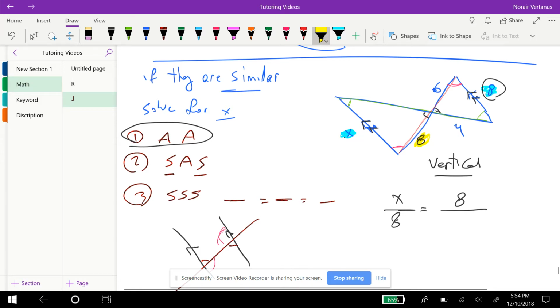And we have this. I want to know which one, either 4 or 6. Which one of these is corresponding to 8? That's the tricky part, to figure out which one of those is corresponding to this 8. This is how you do it. You find the angles. This angle is corresponding to that angle, and this angle, you have them. So you pick the segment between these two angles from the other triangle.